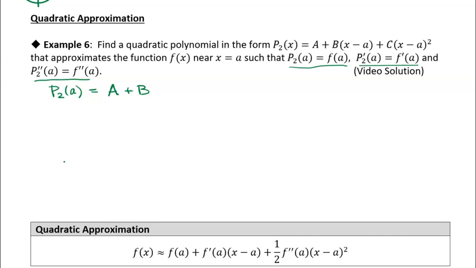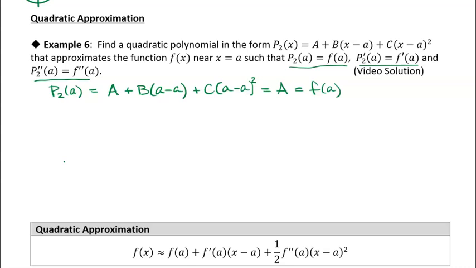We're going to have b times a minus a, and then c times a minus a squared. Well, a minus a is just 0. So all we get is A, and that's telling us that this A value has to be f of a, because I want the value of the polynomial to match the value of the function. All right, so we have A now.